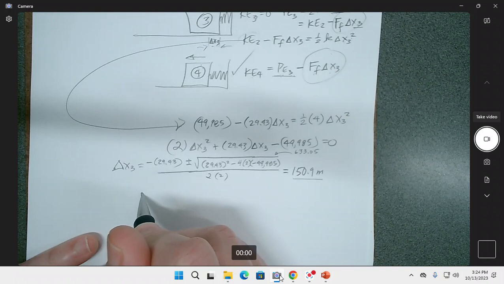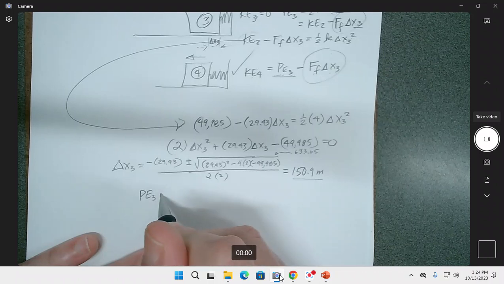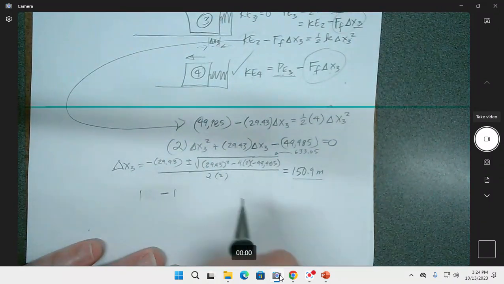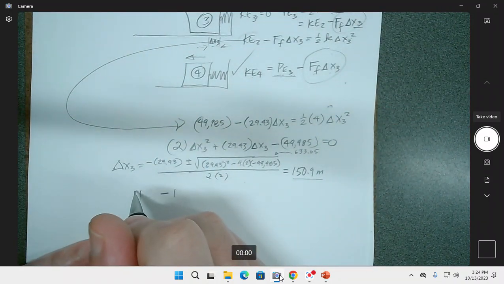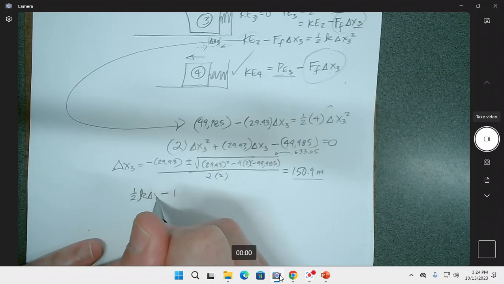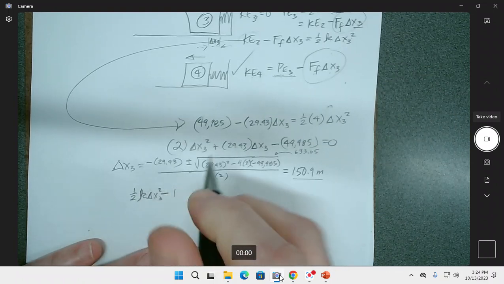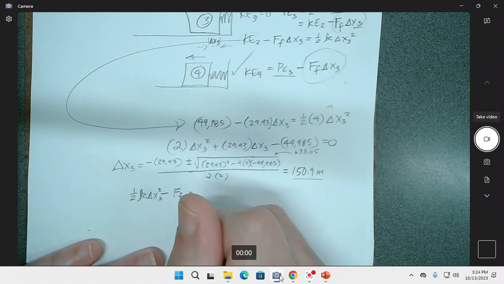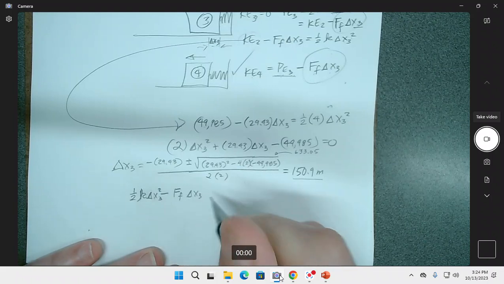Let me write this the other way. It's going to have PE3 minus, and let me write it right. So it's going to be the same deflection. It's going to be 1/2 K delta X3 squared.